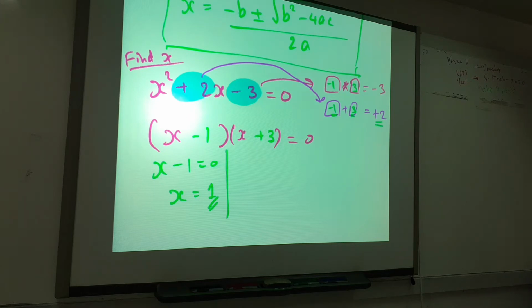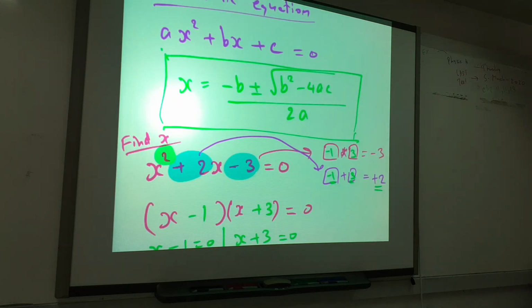Second answer: x plus 3 equals 0, so x equals negative 3. We have two answers because it is to the power of 2. Now what if we used the formula instead?